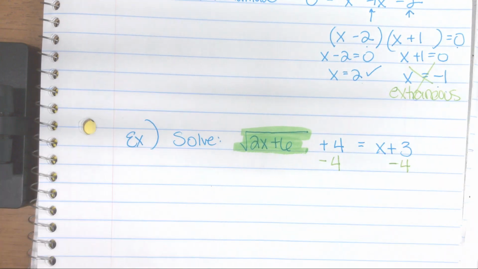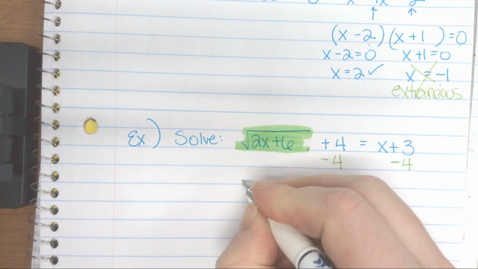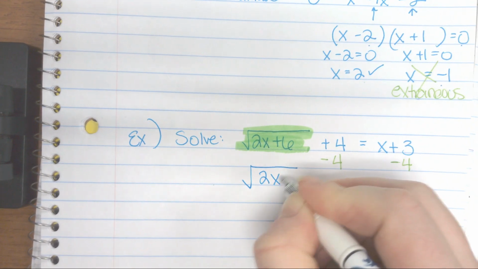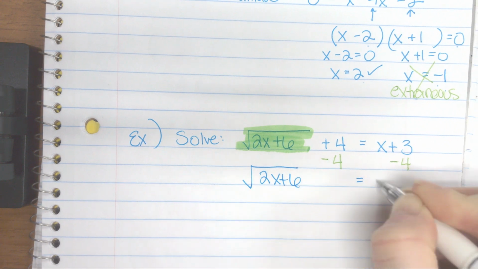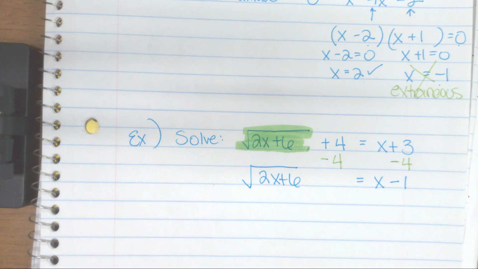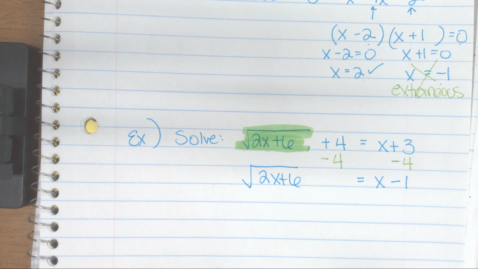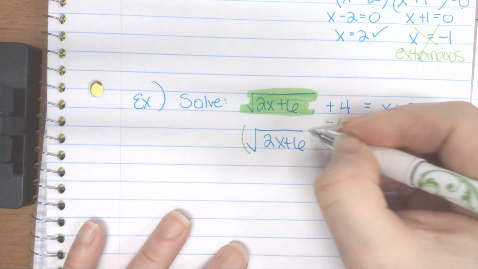So I have the square root of 2x plus 6 equals x minus 1. All right, the square root is now alone on this side. We're going to square both sides.